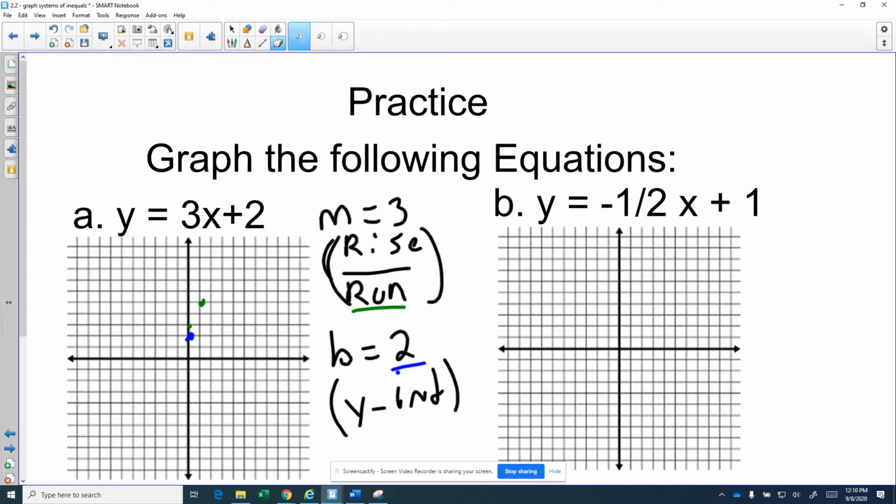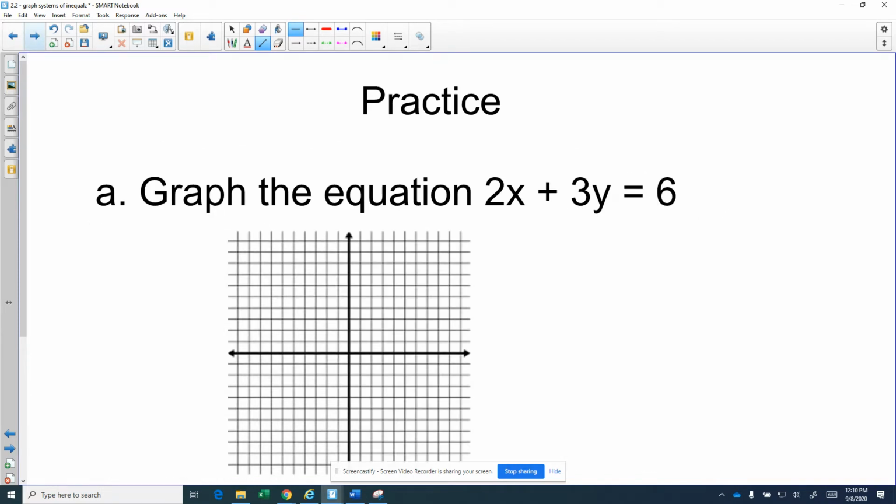Let me get rid of that marking so it doesn't confuse anyone. Same thing. I'm going to go to that point now and go up 1, 2, 3 over 1. And then from there, I have an actual line created.